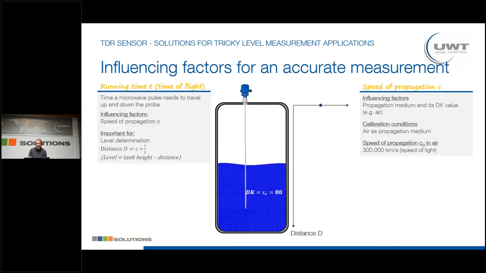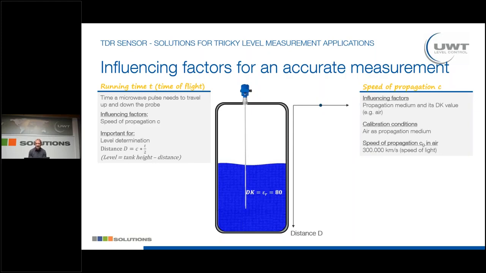Two important factors are influencing the accuracy of the measurement with TDR technology. On the one hand, we have the running time, also known as the time of flight. This is the time a microwave pulse needs to travel up and down the probe. And what influences this time is the speed of propagation, which is normally, in air, the speed of light.